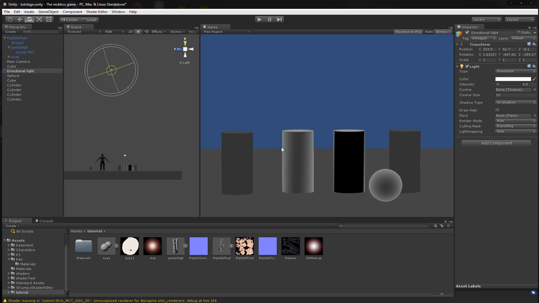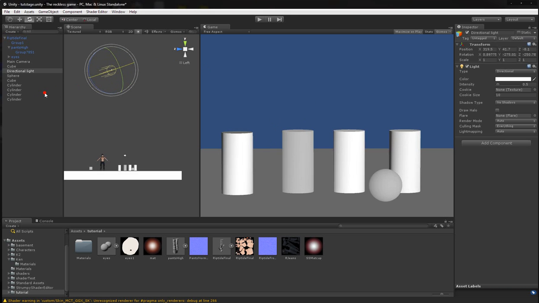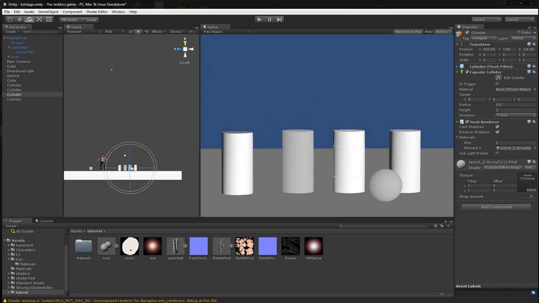You wouldn't have light just creeping around the edges unless the object was made out of some sort of special material that would allow light to kind of travel along its rough surface. So that's how those two function.